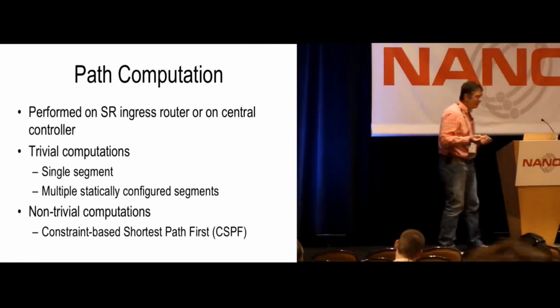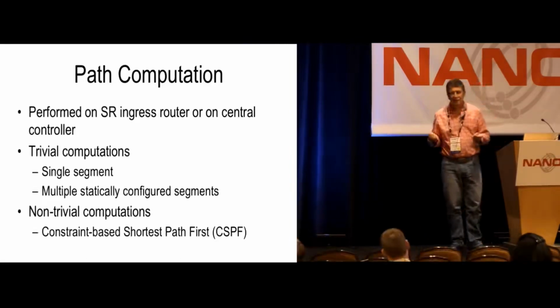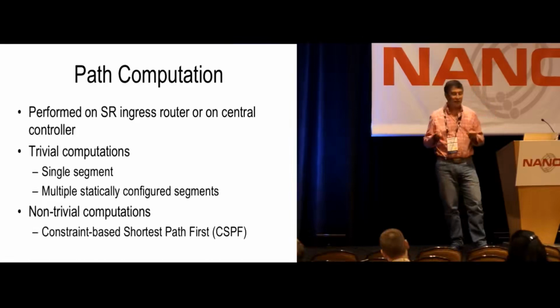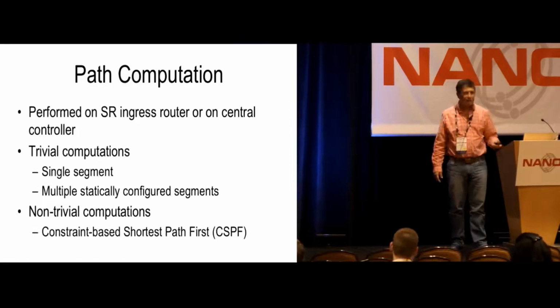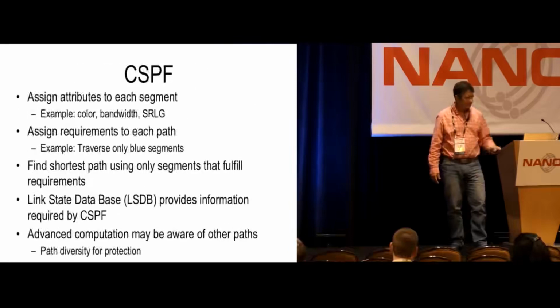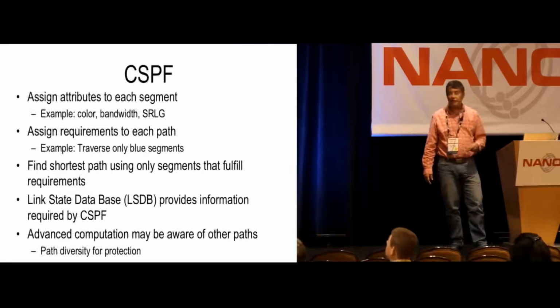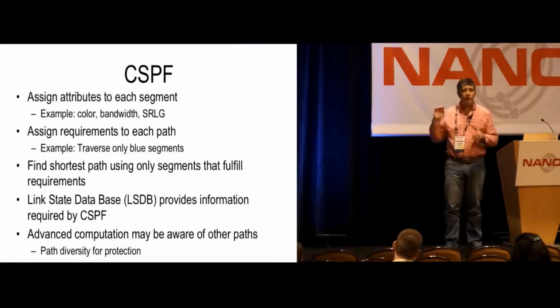So let's talk about this non-trivial case where what you're doing is constraint-based shortest path first forwarding. Okay, in CSPF, by the way, are any of you running RSVP today?